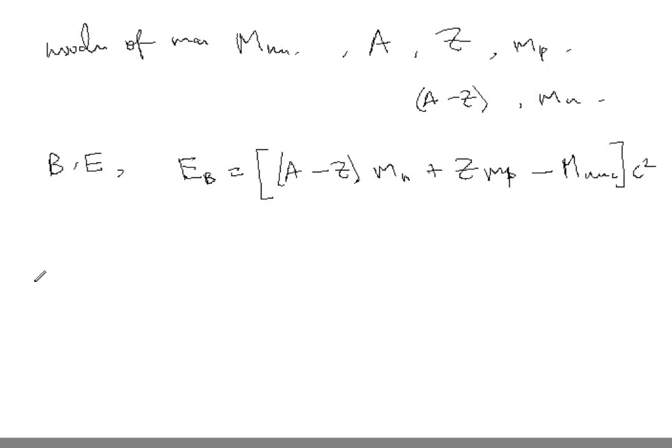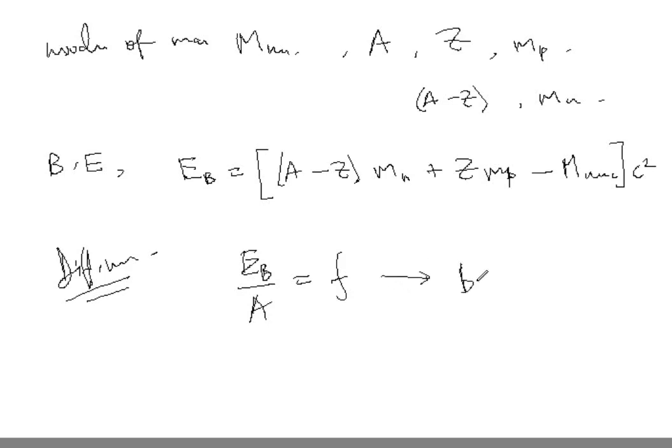So as I was just saying, when comparing different nuclei, it is better to consider an average binding energy per nucleon, or basically EB per A. But this is also known by another term, which is binding fraction.